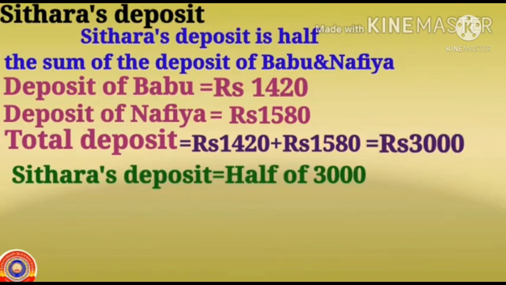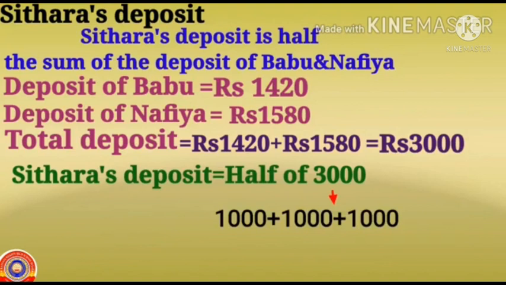Because Sitara's deposit equals half of 3000. To make it easier, we have to split this 3000 as 1000 plus 1000 plus 1000. Next, we have to take half of 1000. You all know that half of 1000 is 500.